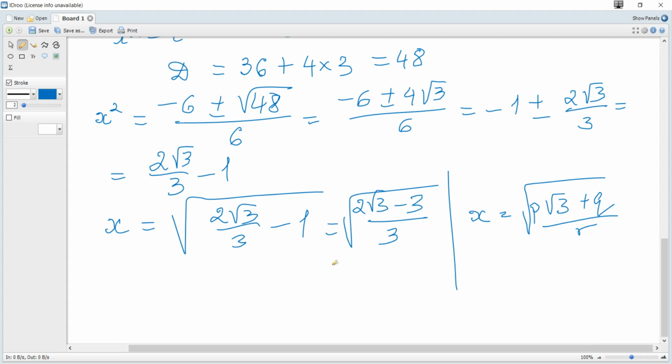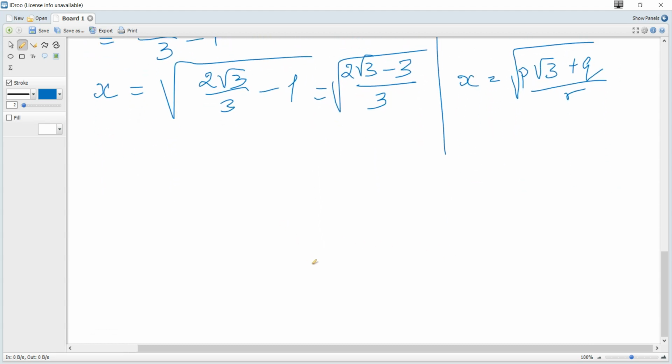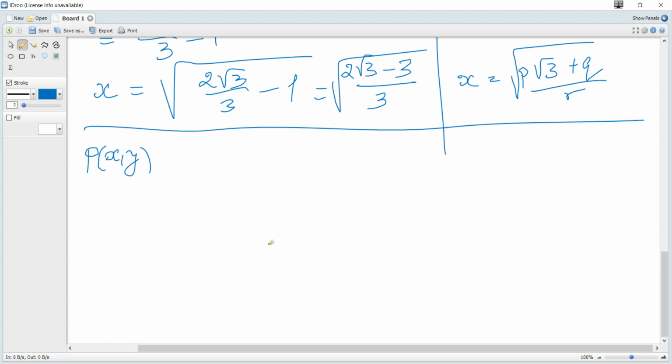The next. Point P with coordinates x, y is defined to be a rational point on a curve if x and y are rational numbers. Rational means it can be written as a fraction.